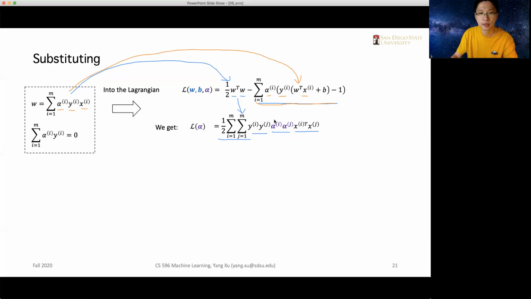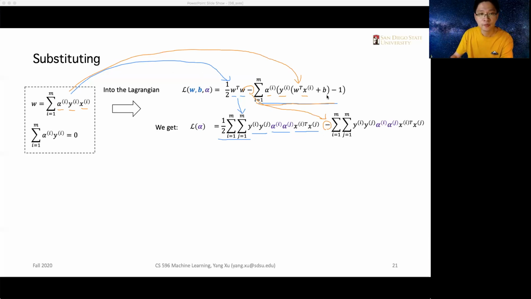And the negative is preserved here. That's what we should have after w is substituted into the original Lagrangian.